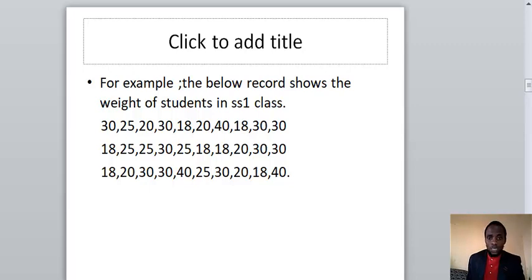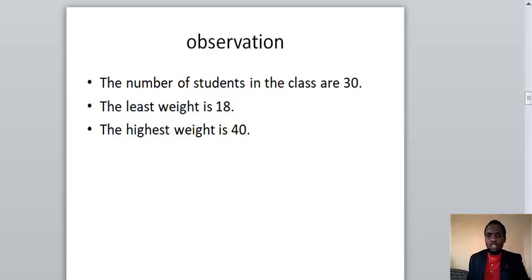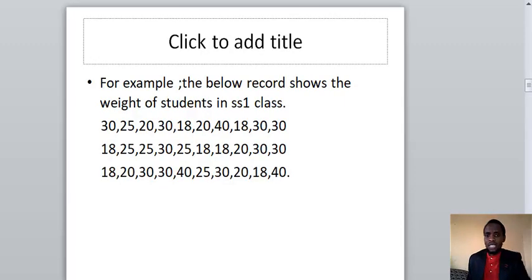And we can bring out observations from this. One observation is that the number of students in that class is 30. If you count it, each row has 10 numbers, which means we have altogether 30.